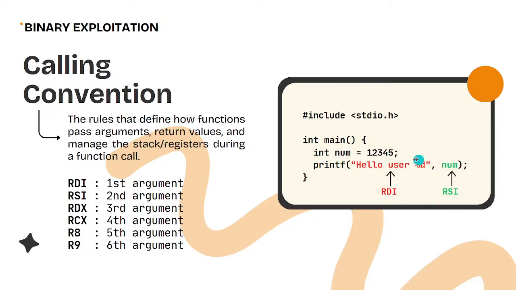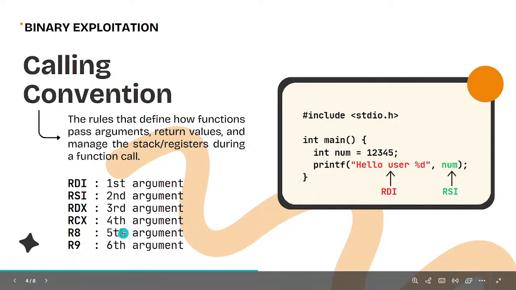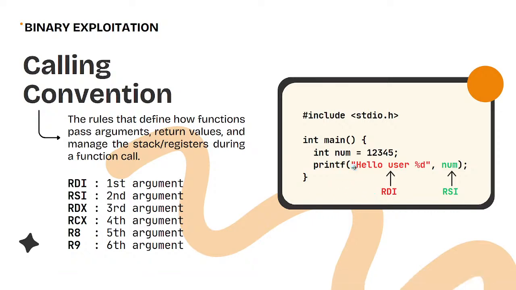As you can see in this sample program, printf has two arguments, the format string and the number, which you put here. So the first argument will be stored in RDI, the second in RSI, third in RDX, fourth in RCX, fifth in R8, and sixth in the R9 register. And if there are more than 6 arguments, they will be stored on the stack.